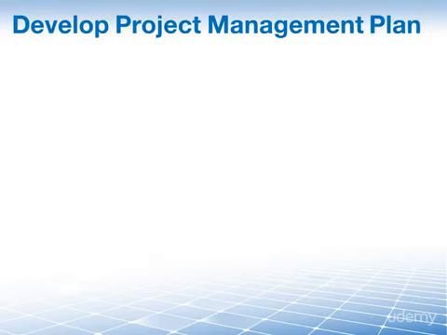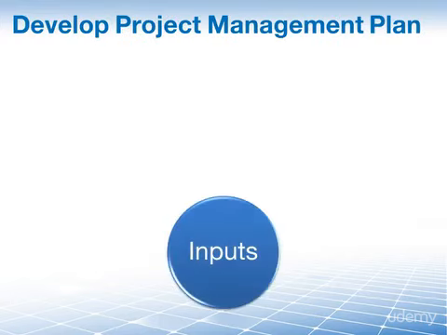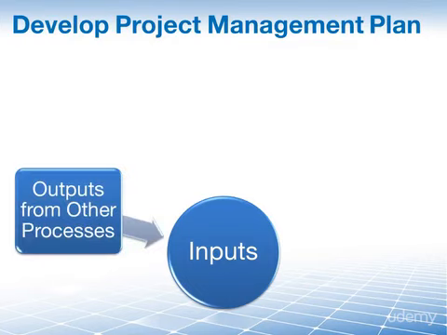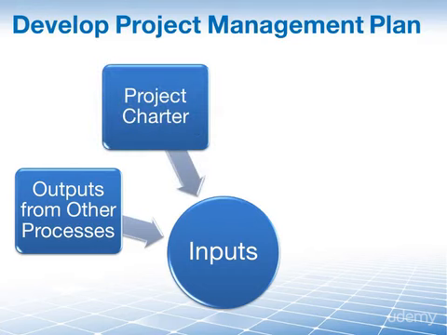To develop the project management plan, we need the following inputs. All the outputs from all the other planning processes across the knowledge areas, because essentially we are creating a comprehensive plan of plans, and that must all be pulled from somewhere, right? The project charter gives us the high-level boundaries and project purpose.